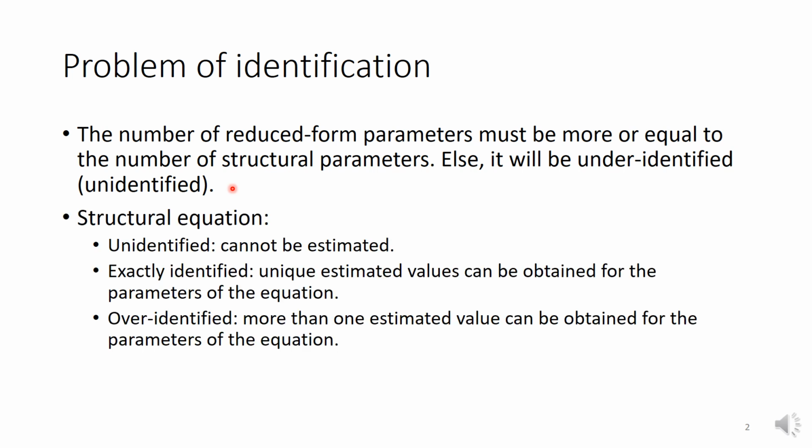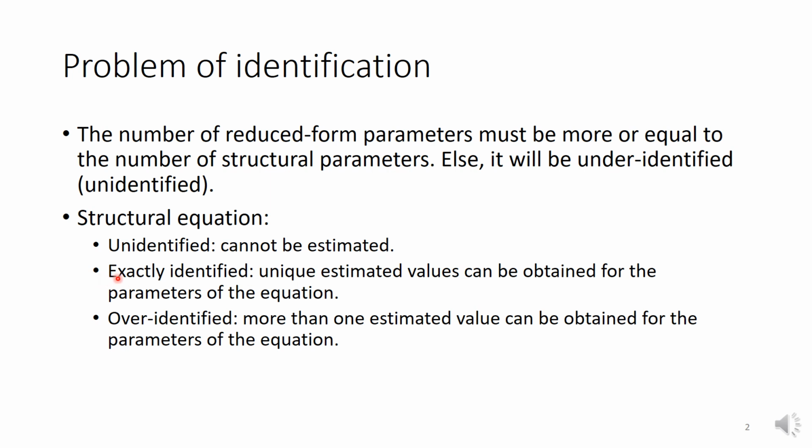For a structural equation in your simultaneous equation model, which consists of many equations, we're going to look at equation by equation. If your structural equation is unidentified, then it cannot be estimated.